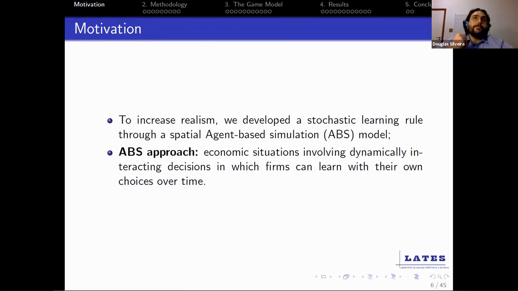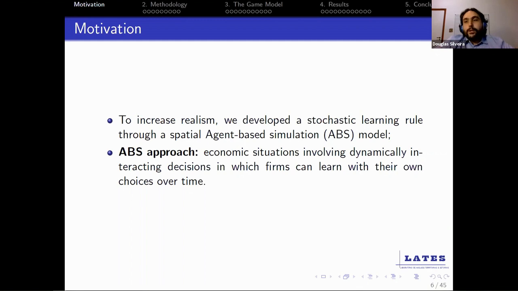And to increase the realism, to connect our approach to real world situations, we developed this stochastic learning rule through the spatial agent-based simulation model. The ABS approach, we believe, is a good approach to understand economic situations involving dynamically interacting decisions and where firms can learn from their own choices over time.